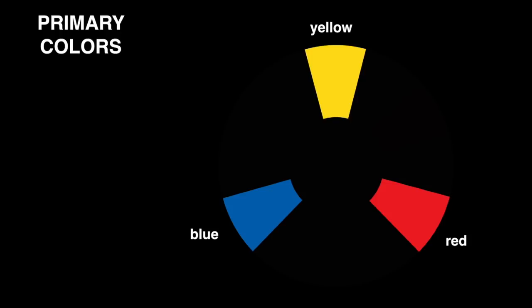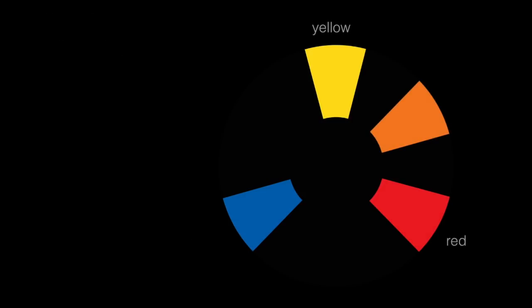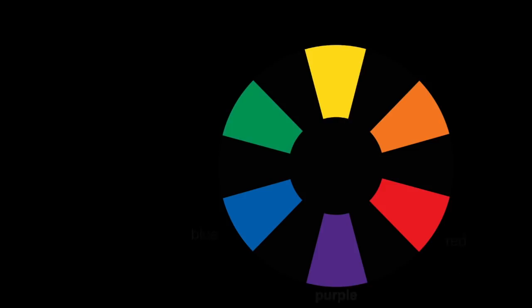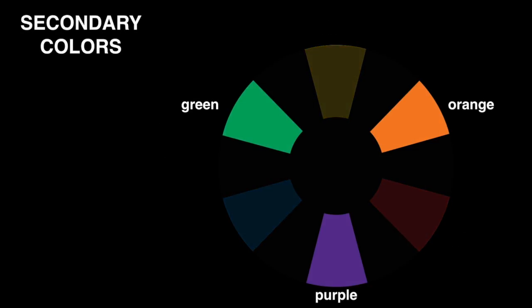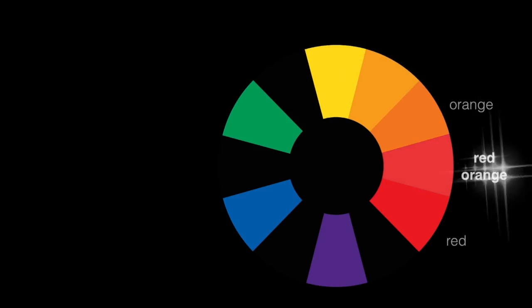The three primary colors are yellow, red, and blue. If we mix yellow and red, we get orange. Red and blue makes purple, and yellow and blue green. Those are the secondary colors. If we keep mixing each neighboring color with each other, we get yellow with orange, which is called yellow orange. Orange red makes red orange.